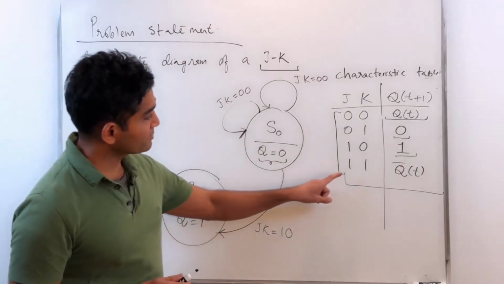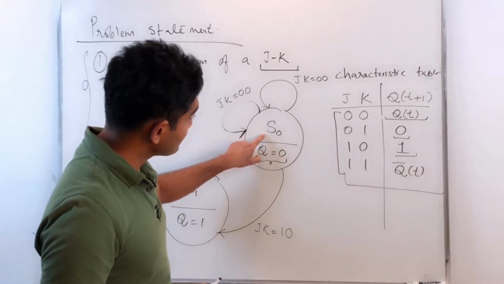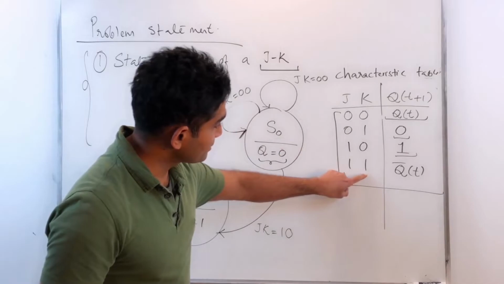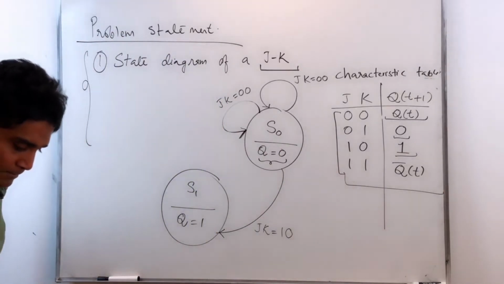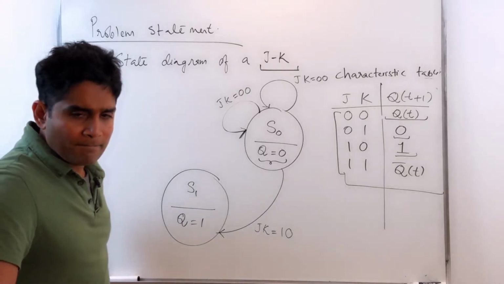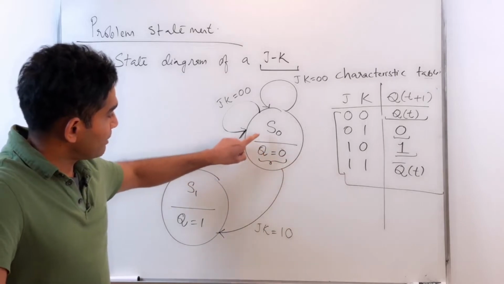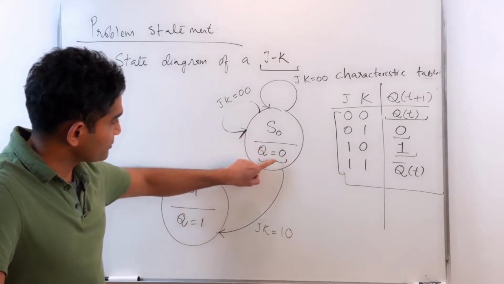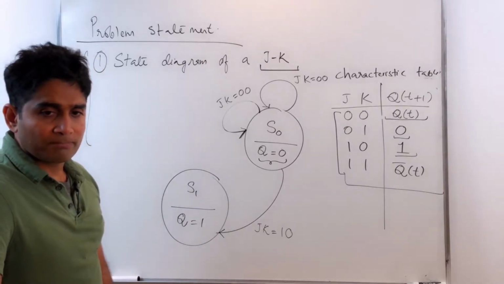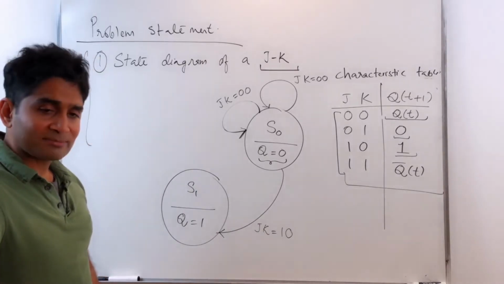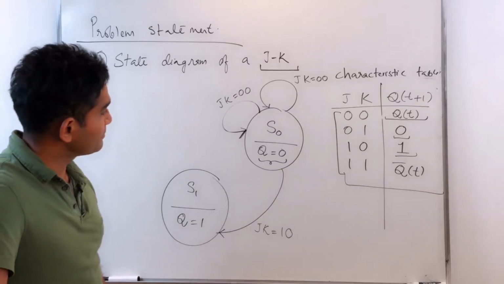So final input is J and K both 1, 1. I'm in a 0 state. With this input, what should be my state transition? I'm in a 0 state where my Q is 0, because I've identified Q as my state of being for this particular system.